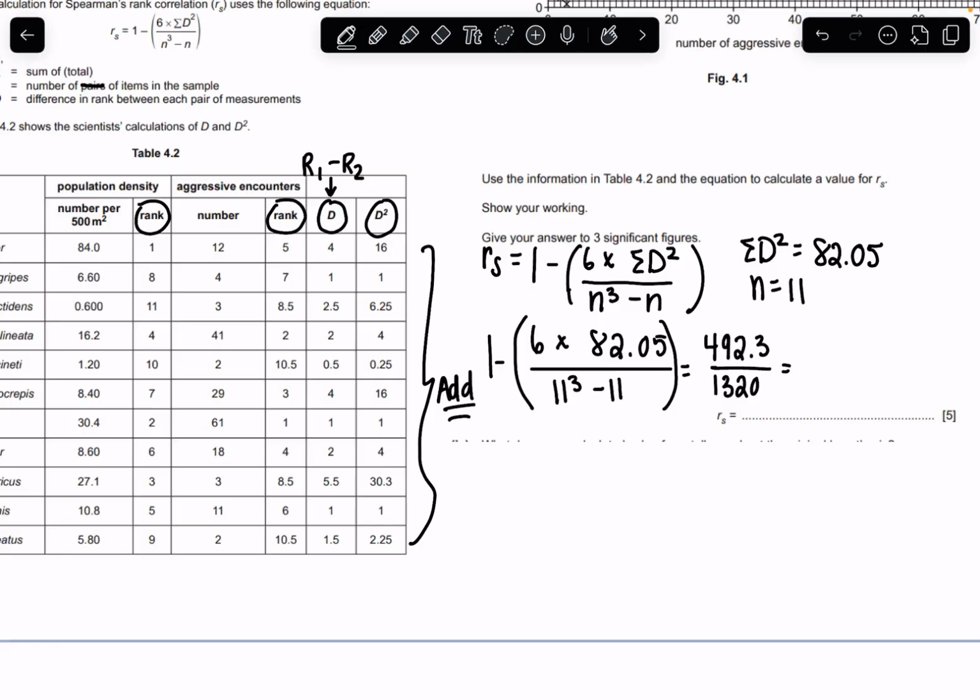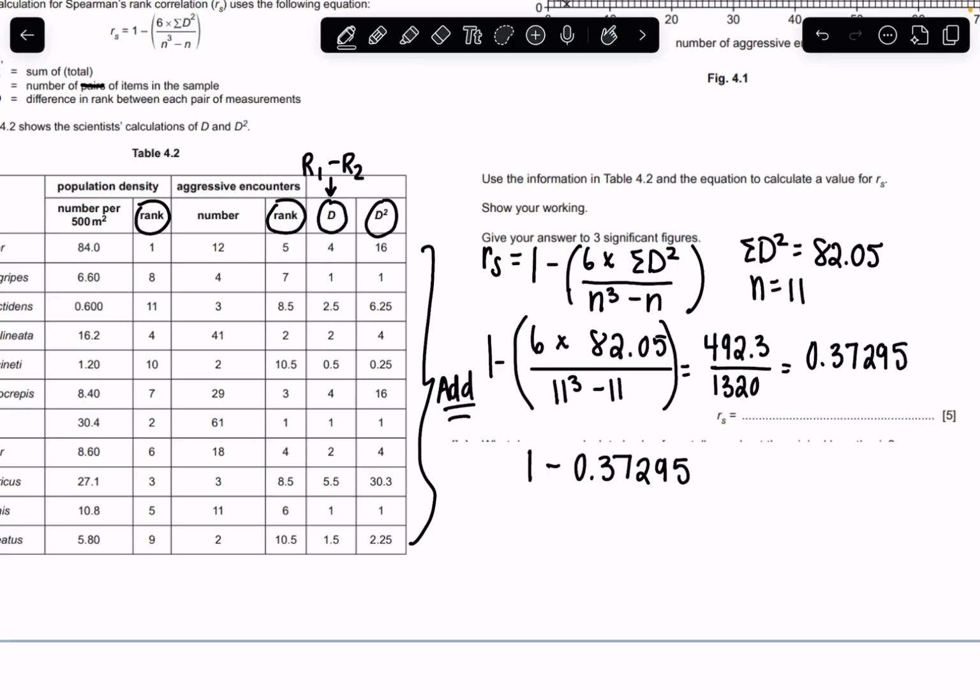492.3 divided by 1320 gives us 0.37295. We're not quite finished yet. We have to take 1 minus 0.37295. Please make sure you put 1 minus your answer that was in the parentheses.